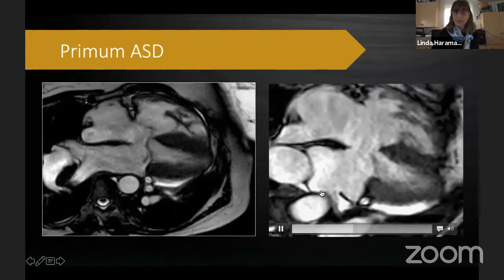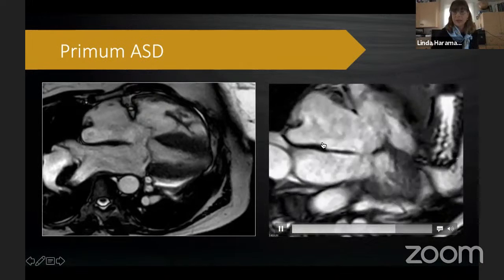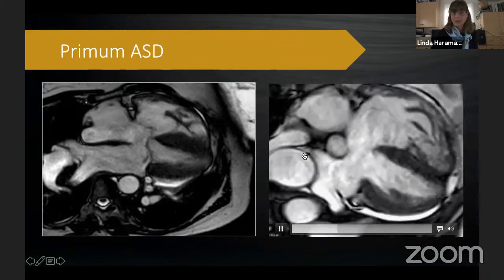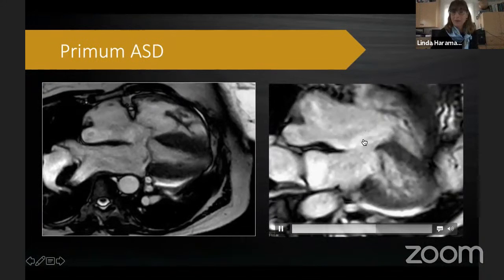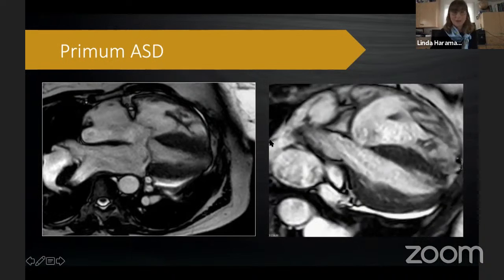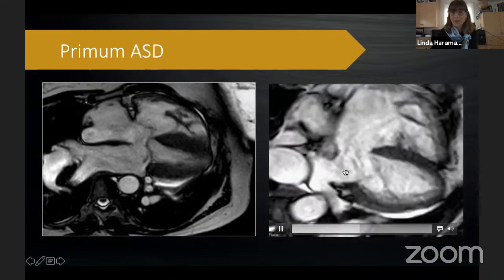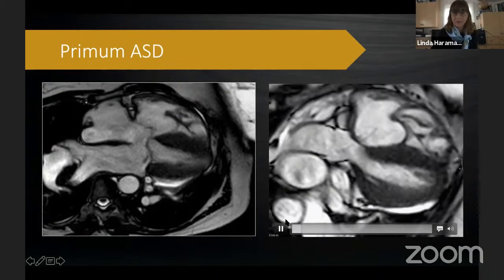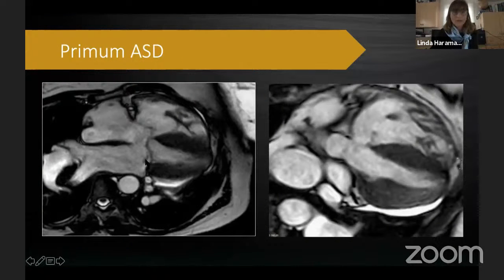First, we can look at the cine images. We can see that the area of the fossa ovalis where a secundum ASD would be is intact. However, there's an interatrial communication low down at the level of the primum defect. You can see the left to right flow through that defect. We also see a dephasing jet of regurgitation, and these two valves are at the same level.